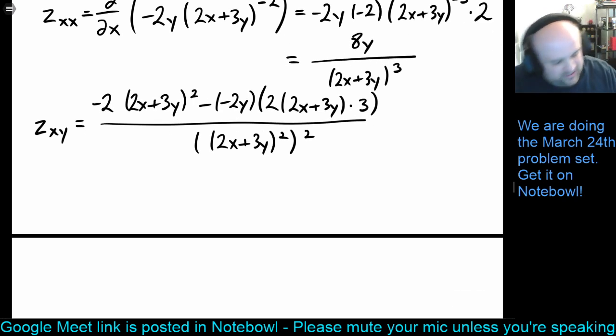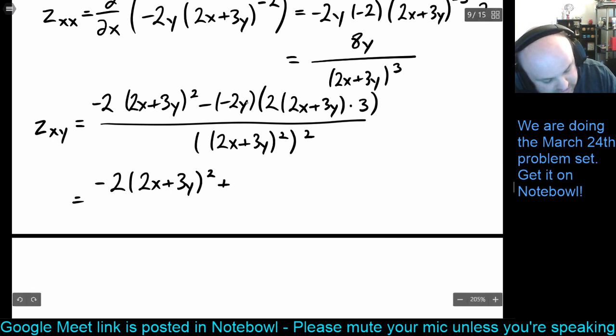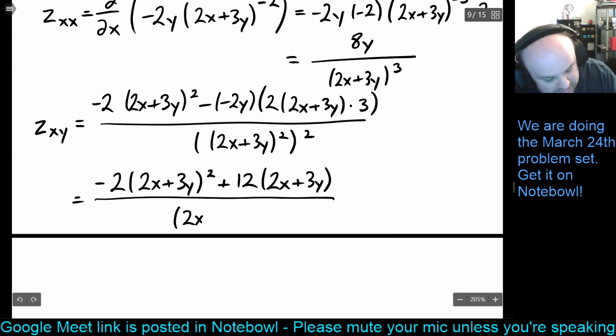And, if you want, we can clean this up a little bit just to make it look nice. It's completely up to you, though. Let's see, minus, minus, so this is plus 2, 4, 12. Plus 12 of these guys. Okay. And the bottom is 2x plus 3y to the 4th.